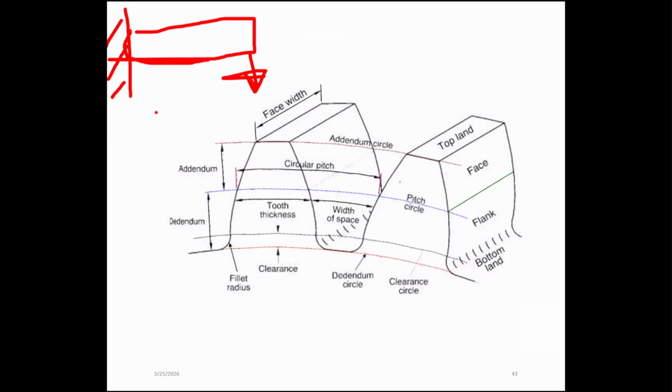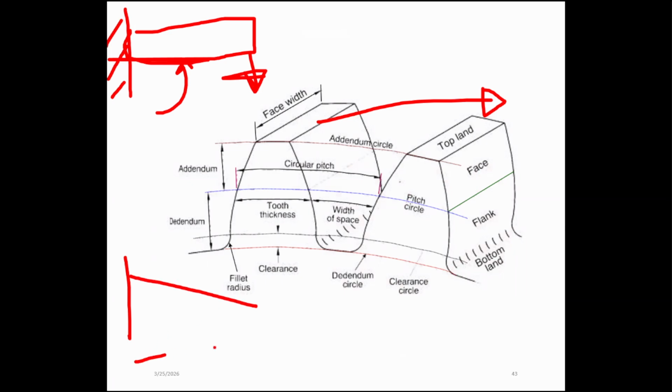The teeth profile comes after this is turned through an angle. These are tangential forces. Whenever the root area or flank area is very dense, so the size of the flank is higher, something like this, right? The base is a bit large.